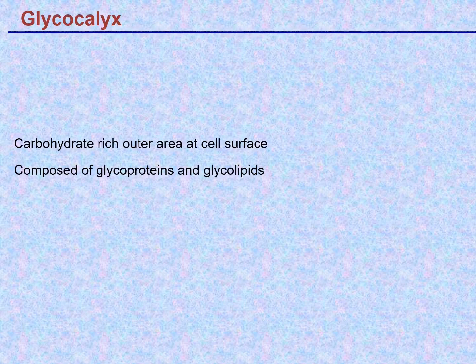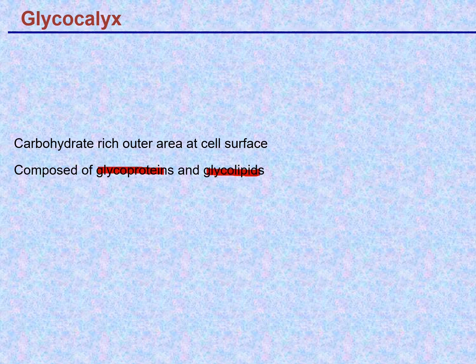Again, there is this outer glycocalyx area, a carbohydrate-rich outer area at the surface, composed of both glycoproteins and glycolipids.